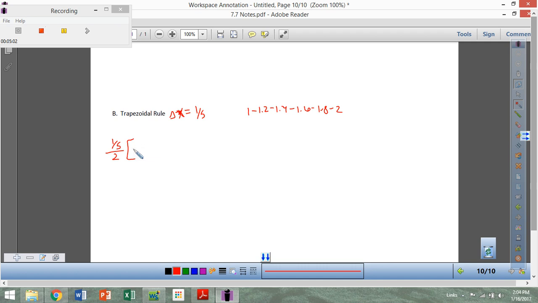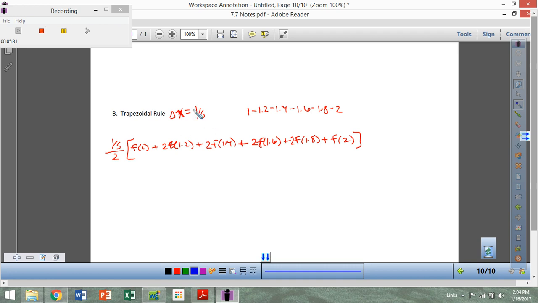What this says is I'm going to do f of 1, so that's my first endpoint, and then I'm going to have 2 f of 1.2, 2 f of 1.4, 2 f of 1.6, 2 f of 1.8, and only 1 f of 2.